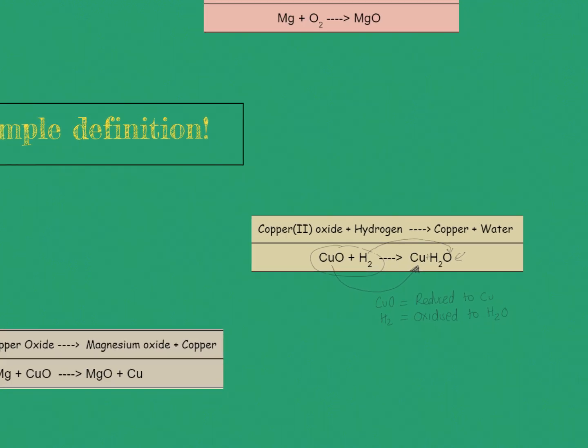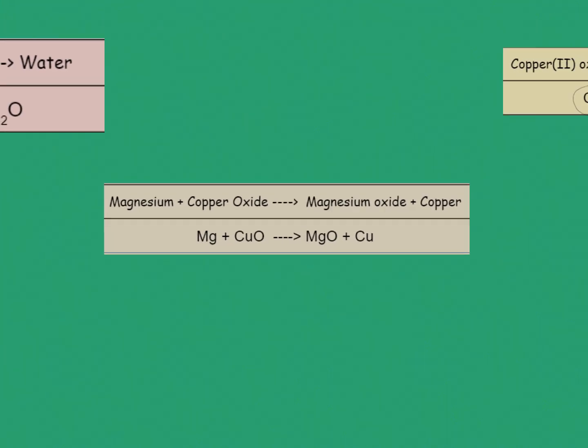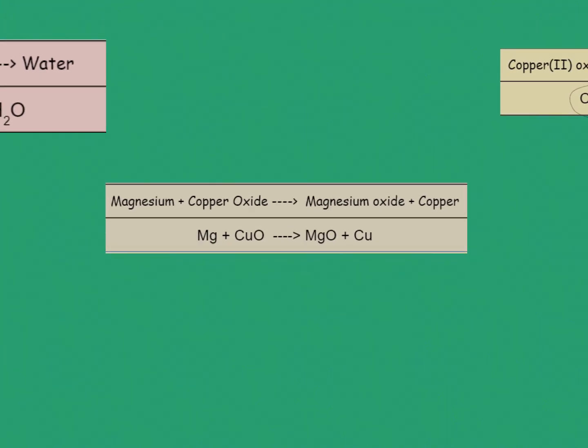Let's try another one. Magnesium plus copper oxide makes magnesium oxide and copper. Well, the magnesium on this side has gained the oxygen, and the copper oxide has lost the oxygen.